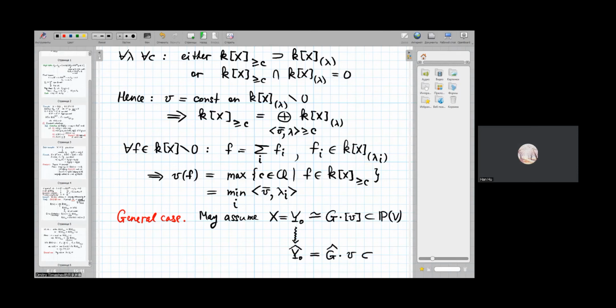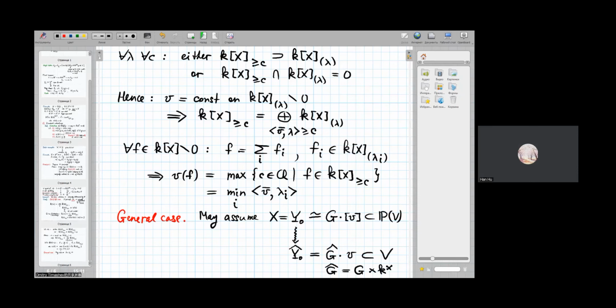So this orbit is sitting in the vector space V, where G hat is the product of G and the multiplicative group of the field acting by scalar multiplication on V. So we have this quasi-affine orbit in the vector space. This is actually just the punctured cone over Y_0.